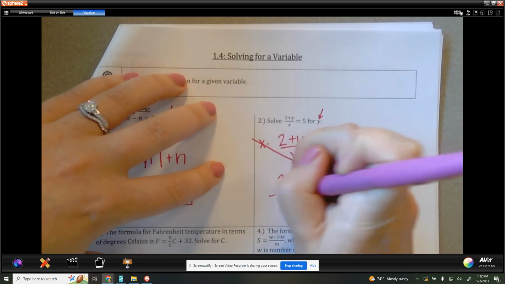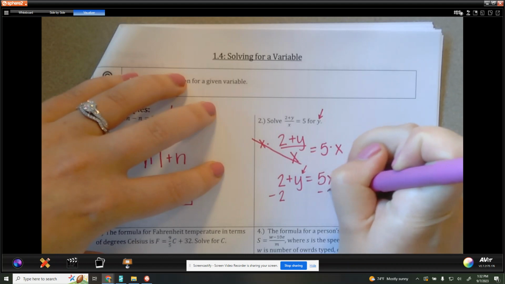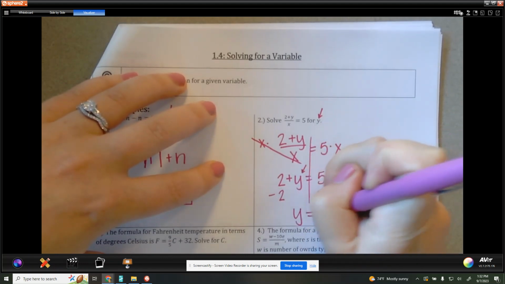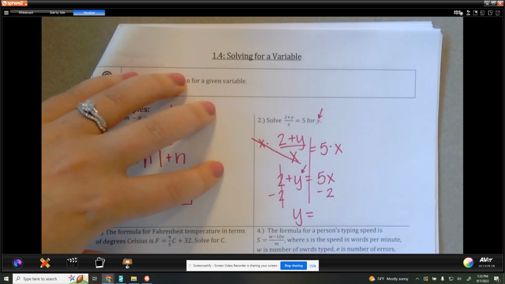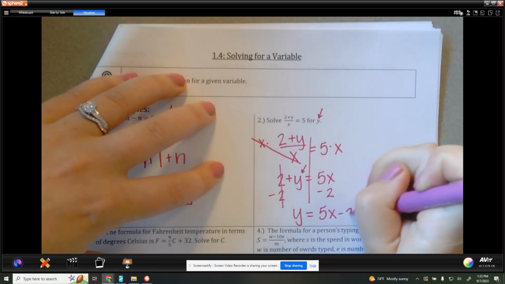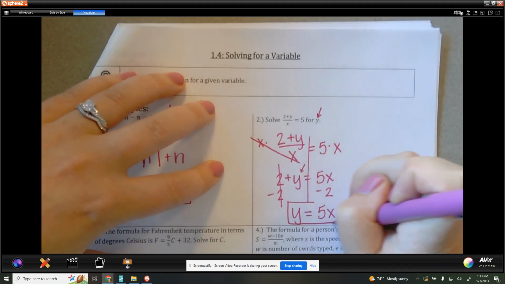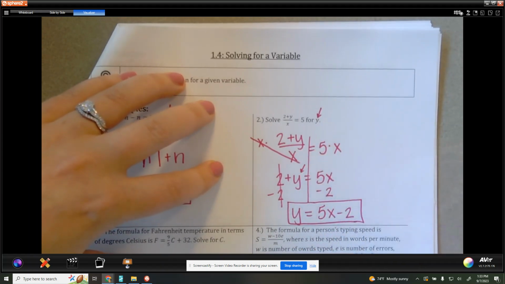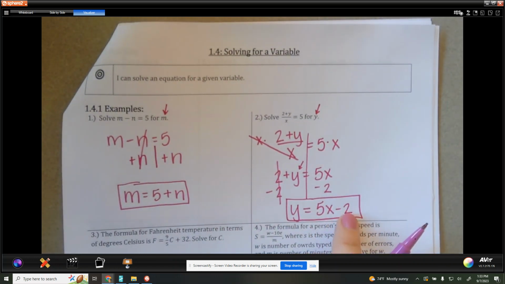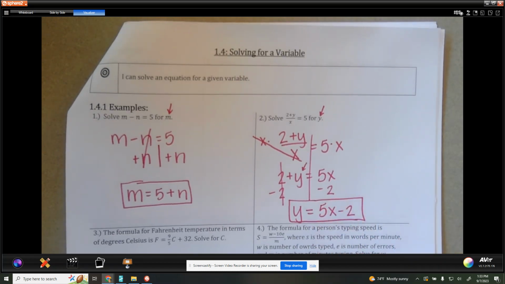We're going to subtract 2 on both sides. Now, check that out. y is by itself. That's what we wanted, and we have 5x minus 2. We cannot rewrite anymore. We can't do anything because this 5 has x on it and that one doesn't, so we can't say that's like 3x. We just rewrite it. So don't panic.